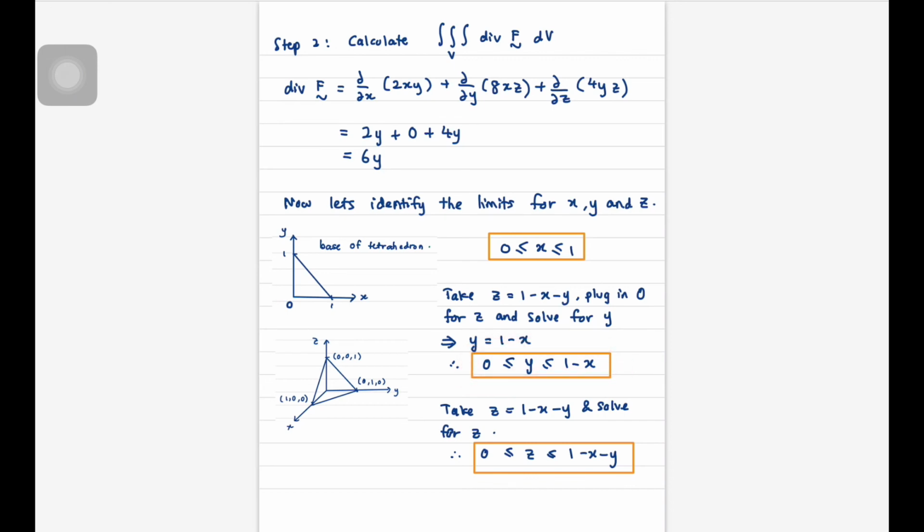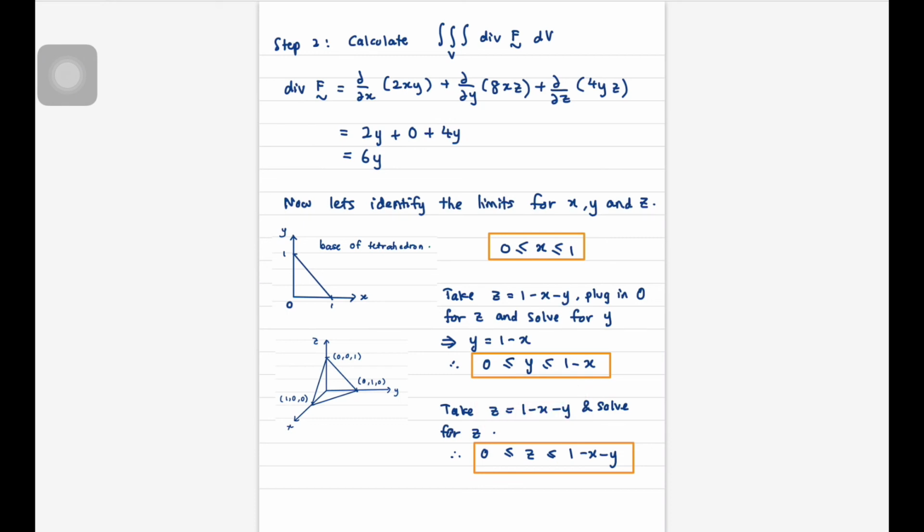And for z, when you look at the z-axis, the lowest value here will be 0. But we don't know how high the z value can go, and the height of this solid is going to be dependent on our original equation here. This is our original equation.